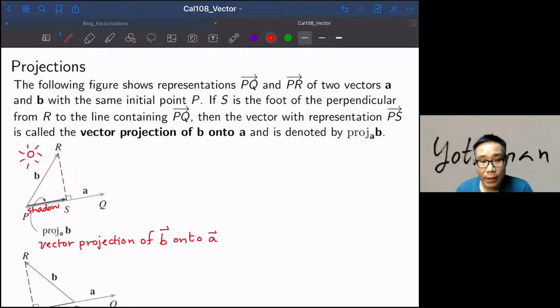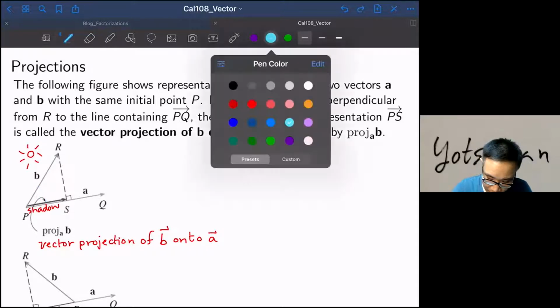The vector projection of B onto A is going to be this shadow. And the way to find this vector is, you see that if you have theta, which is this angle, let me make this one clearer, darker a little bit.